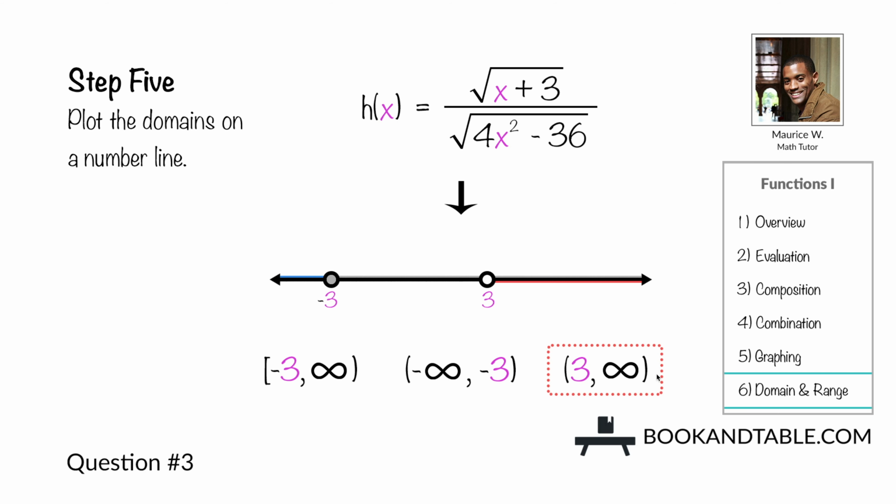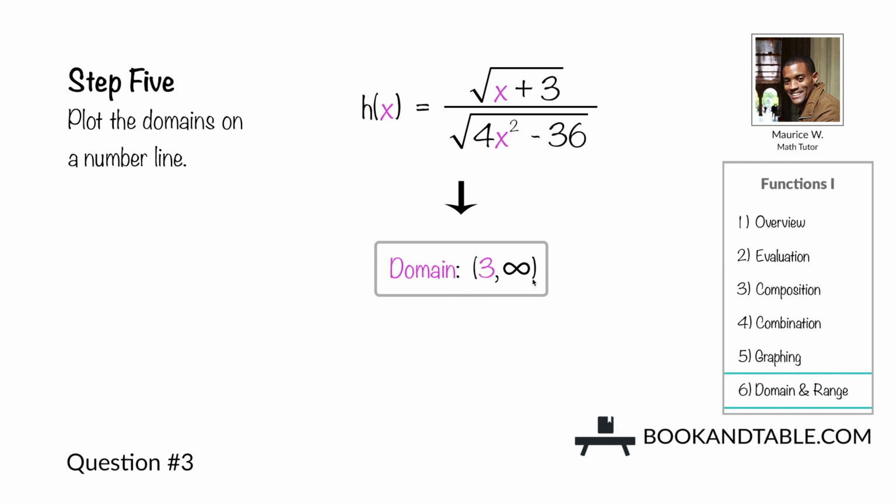But this portion of the domain from the denominator, this portion of the domain in the denominator here does overlap this portion of the domain in the numerator. So from 3, but not including 3, to positive infinity, that is where our overlap exists. So that is the domain to h of x.